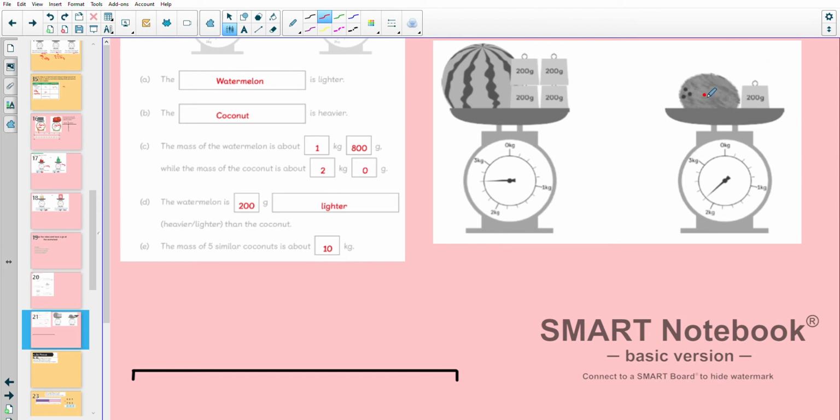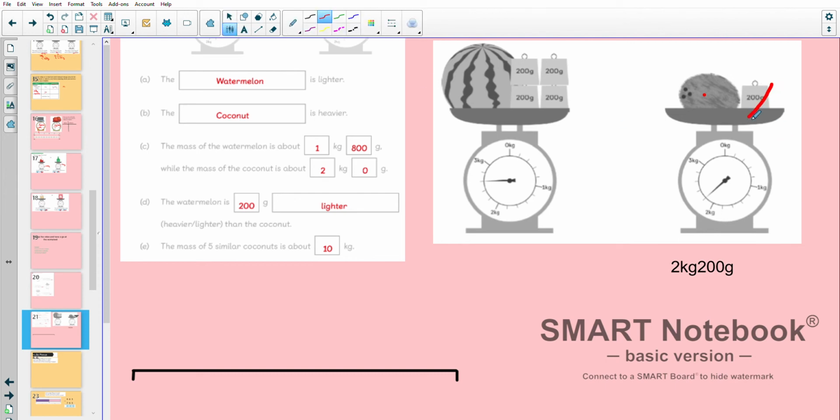I want to find out the weight of just the coconut, not the coconut plus 200. So I look at the scale and I can see that the scale tells me it is 2 kilograms and adding 200 grams. But that is the weight of the coconut and the weight.